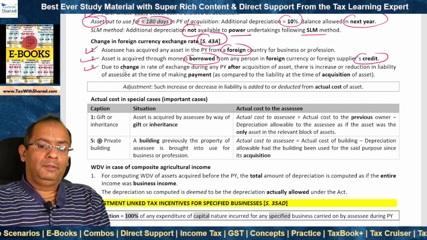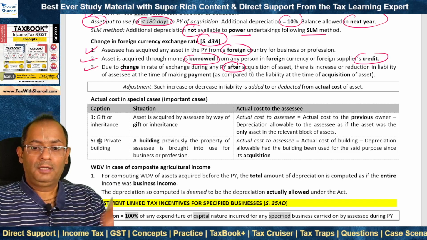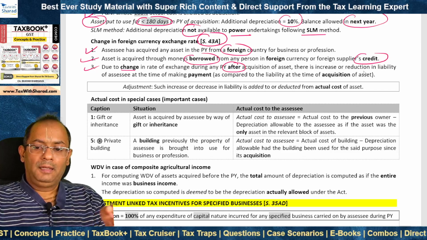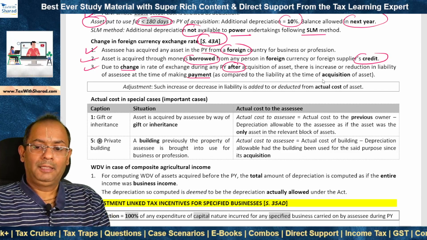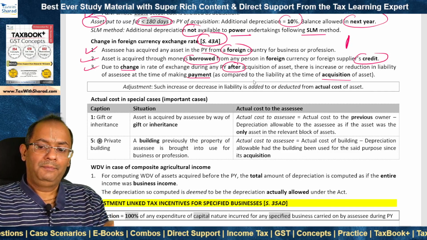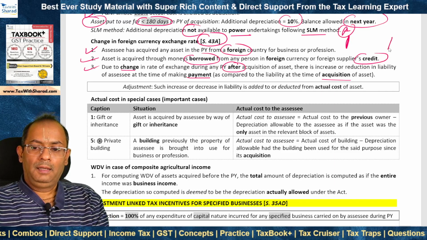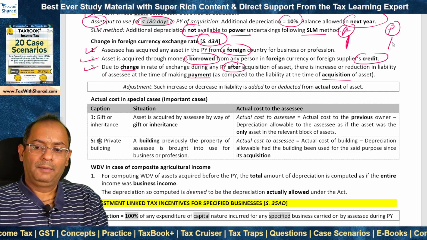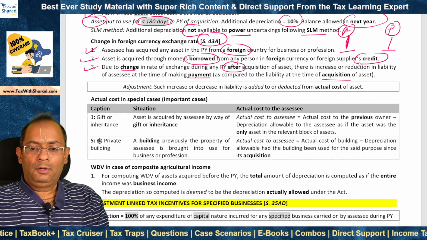Third, there is a change in the rate of exchange during any previous year after acquisition of the asset, and consequently there is an increase or reduction in liability at the time of making payment as compared to the liability at the time of acquisition of the asset. So 2 points of time. One, at the time of acquisition of the asset, and the second point, which is the later point, is the time of making the payment, and the rate of exchange on both the dates may not necessarily be the same.